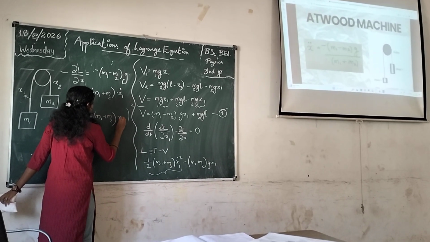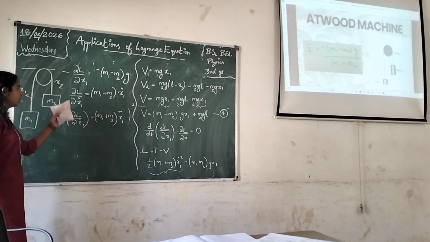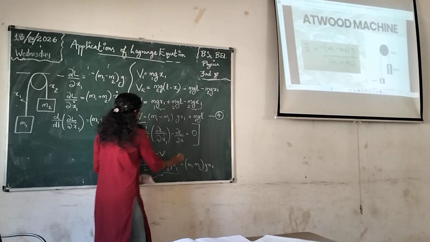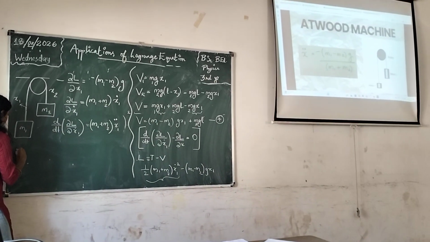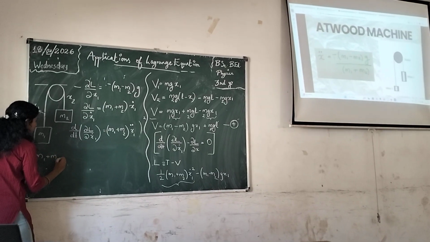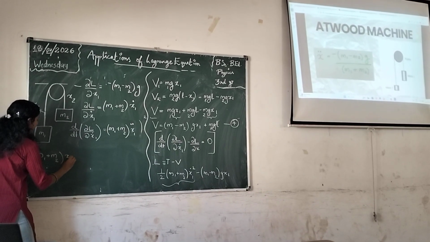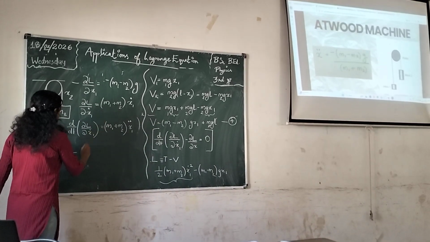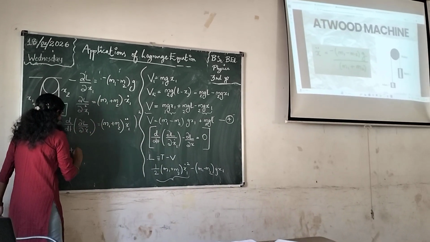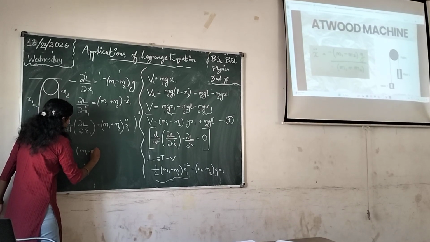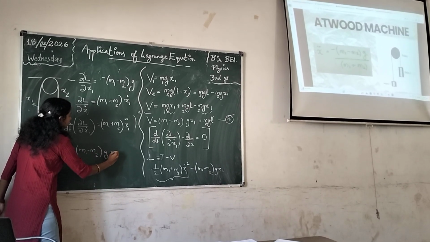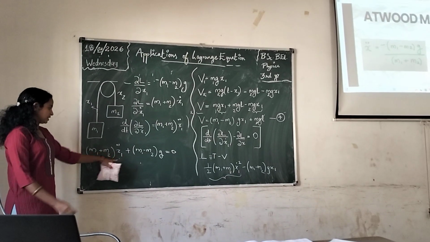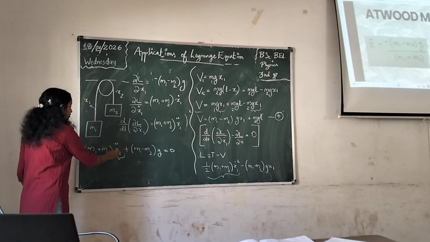So we got all the values. Now we are substituting in this equation. So it will be (m1 plus m2) x1 double dot, minus of minus will become plus, so (m1 minus m2) g will be equal to 0. Now we want to find the equation for acceleration. This is our acceleration, so we will bring all those terms to the right side.